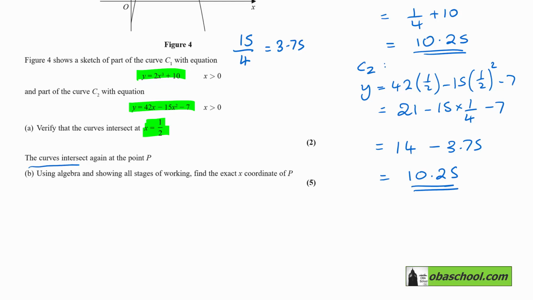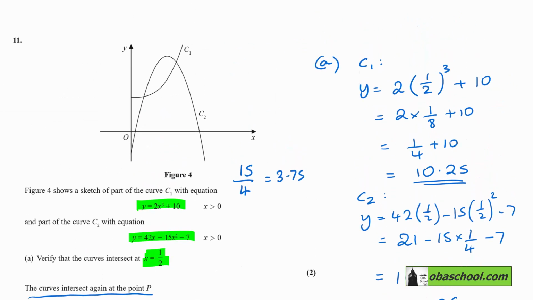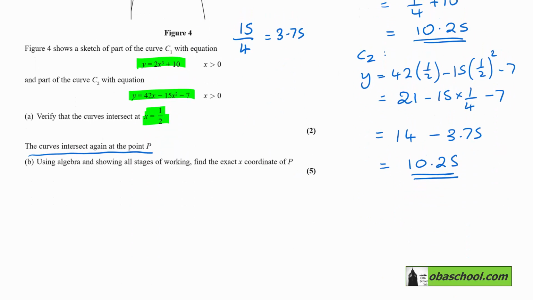The curves intersect again at the point P. So I'm presuming the half is this one here, and this one is P. Using algebra and showing all stages of working, find the exact x coordinate of P. So, we could put 2x cubed plus 10 equal to 42x, take away 15x squared, take away 7.